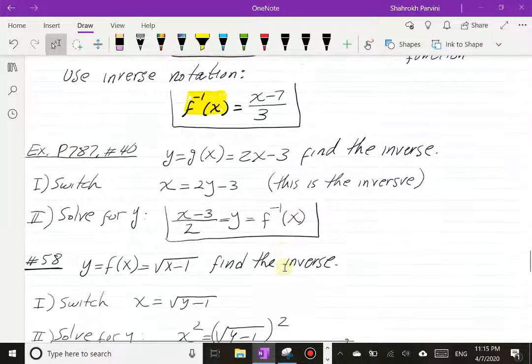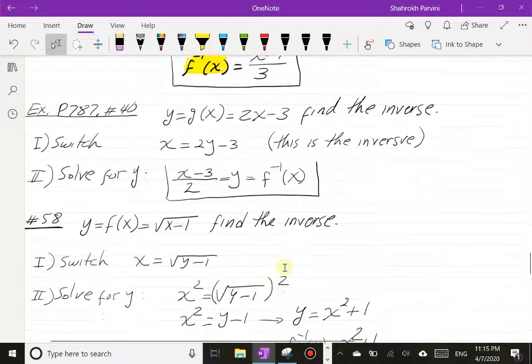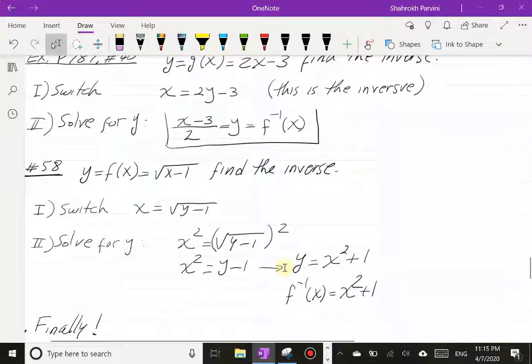And let's look at another exercise, number 58. We want to do the same thing. And you can kind of see this one. f of x is root x minus 1. We want to find the inverse. So we're going to switch the x and the y. Solve for y. How do I solve for y? Because it's in the radical, the square root, we're going to square both sides.